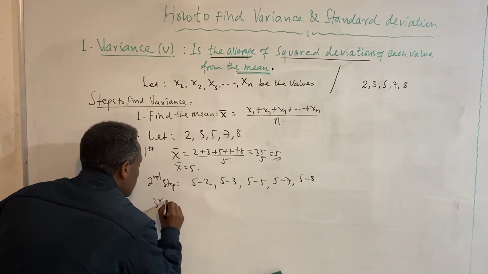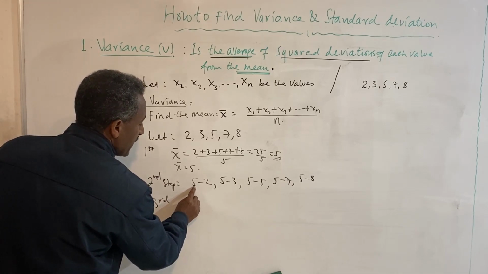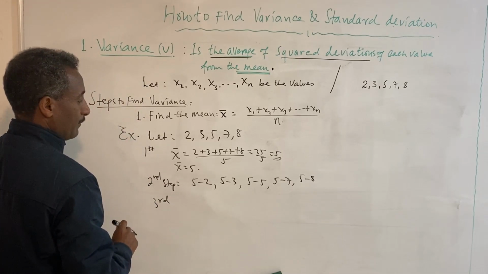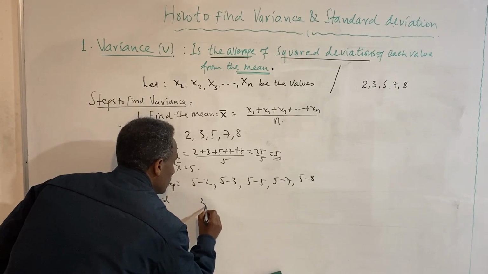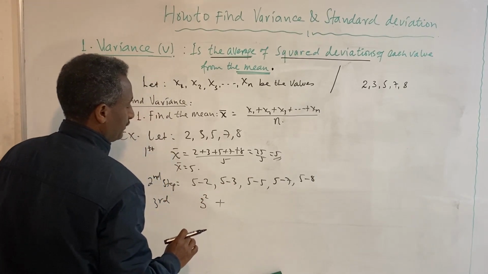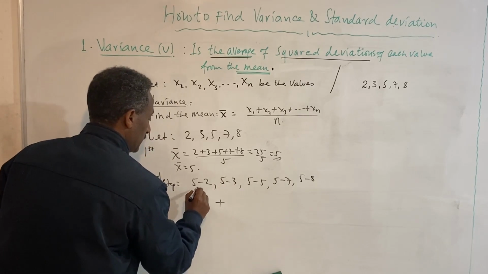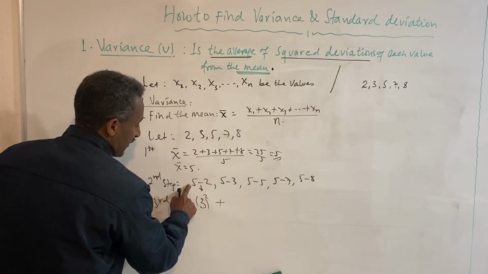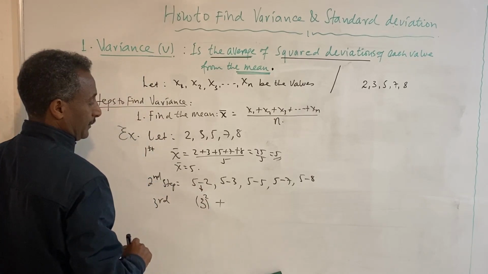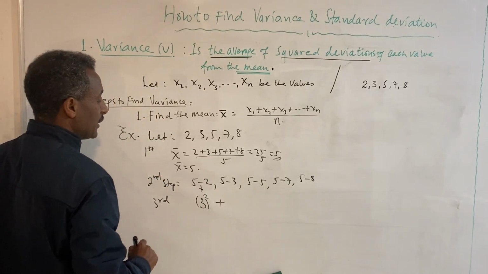The third step: square these. How much is 5 minus 2? 3. 3 squared. Plus 5 minus 3, how much is it? 5 minus 3 is 2.